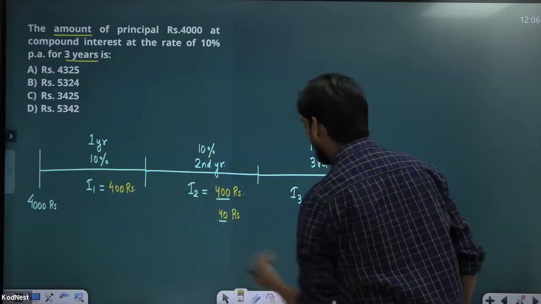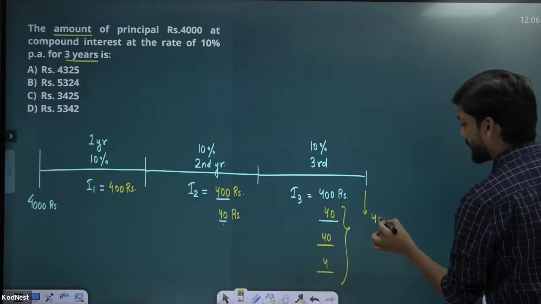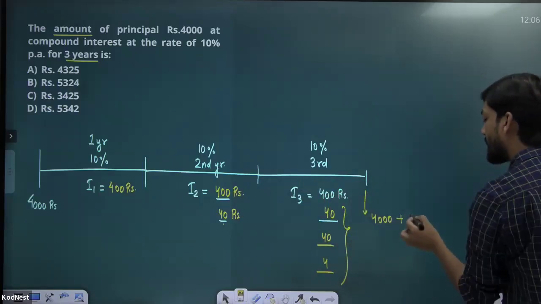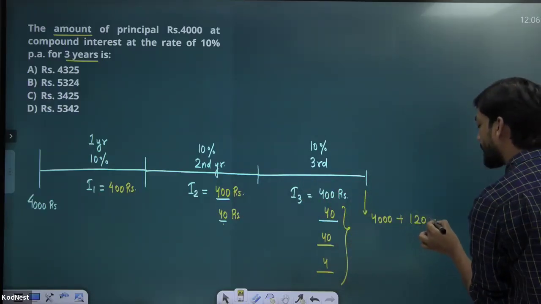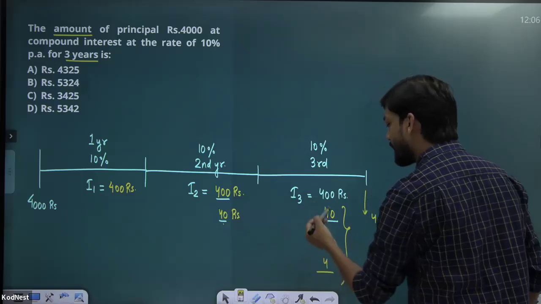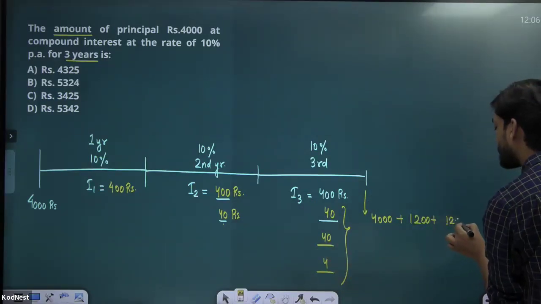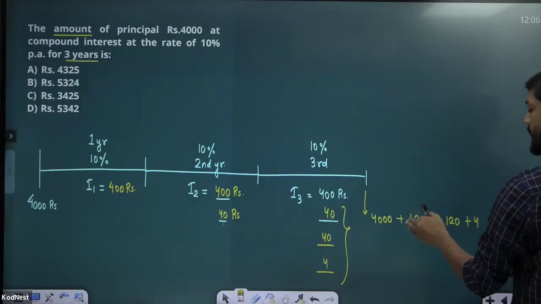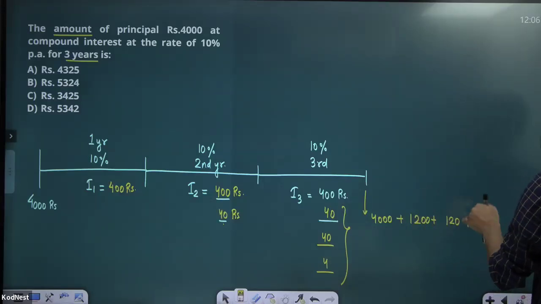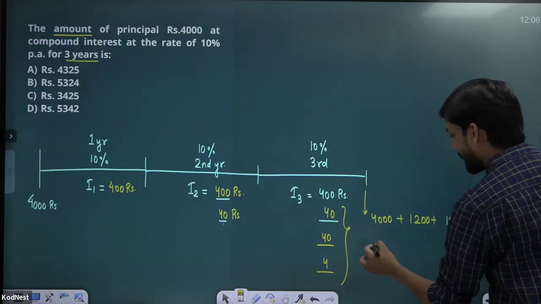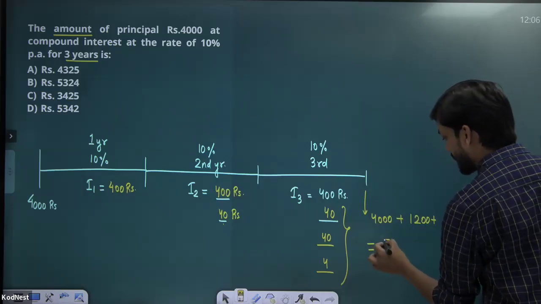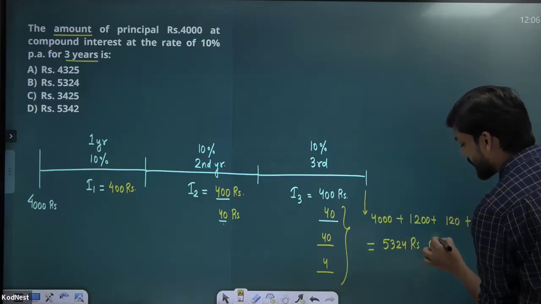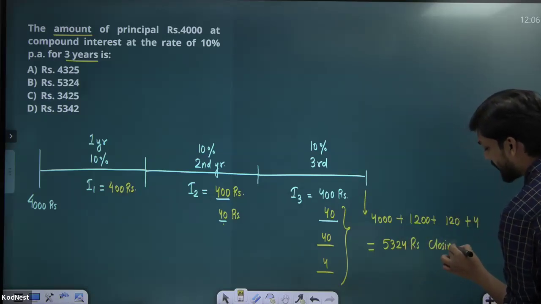So 4,000, 400, 400, 400 will be 1,200, plus 40, 40, 40 will be 120 and this 4 will be separate. So 400, 400, 400, 40, 40, 40 and 4. This will give you 5324. So this is your closing balance after 3 years.